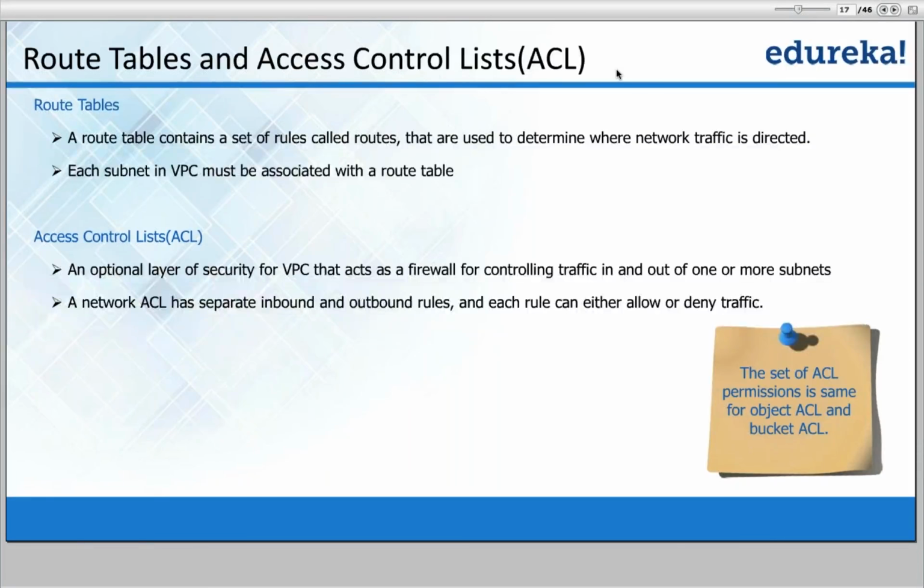If there's a match, no further rules are evaluated. And also in an ACL, you can set up separate inbound and outbound rules. So this ACL is in a way a more powerful firewall than security groups, and often you basically have to configure both firewalls.